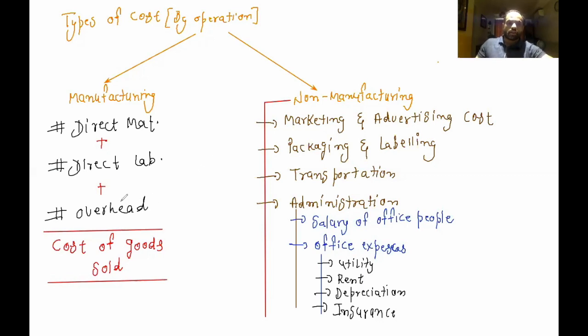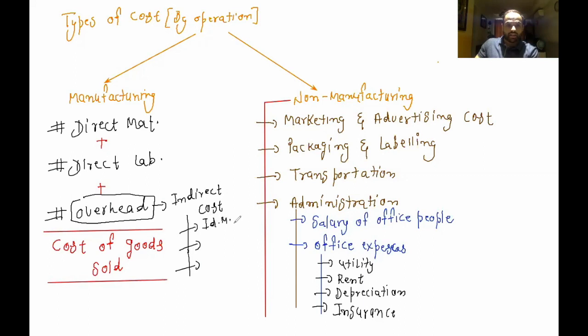No, in manufacturing cost, this is your indirect cost. As I said before, if you remember the previous slide, another name of indirect cost is overhead. And indirect cost is obviously a combination of three types of cost: indirect material, indirect labor, and indirect expense, which is overhead. So did you understand?